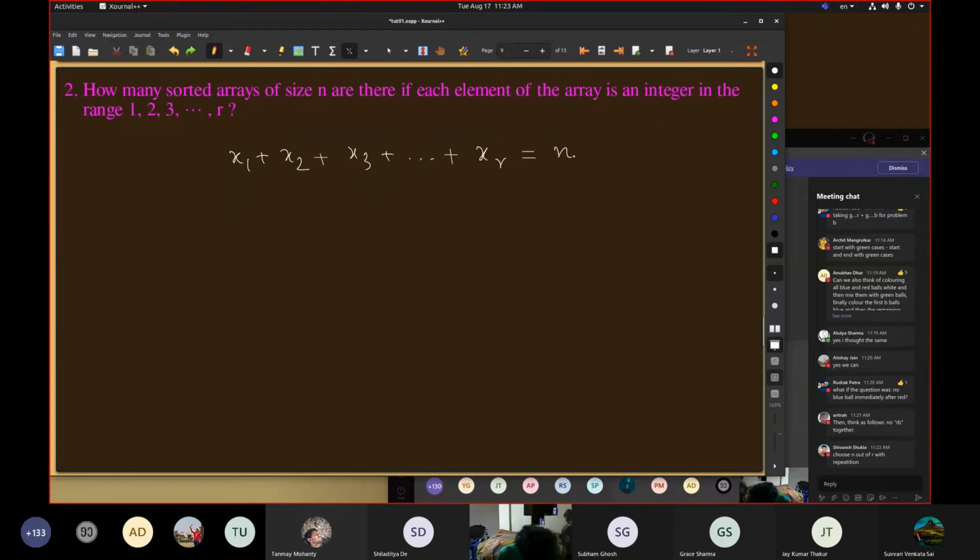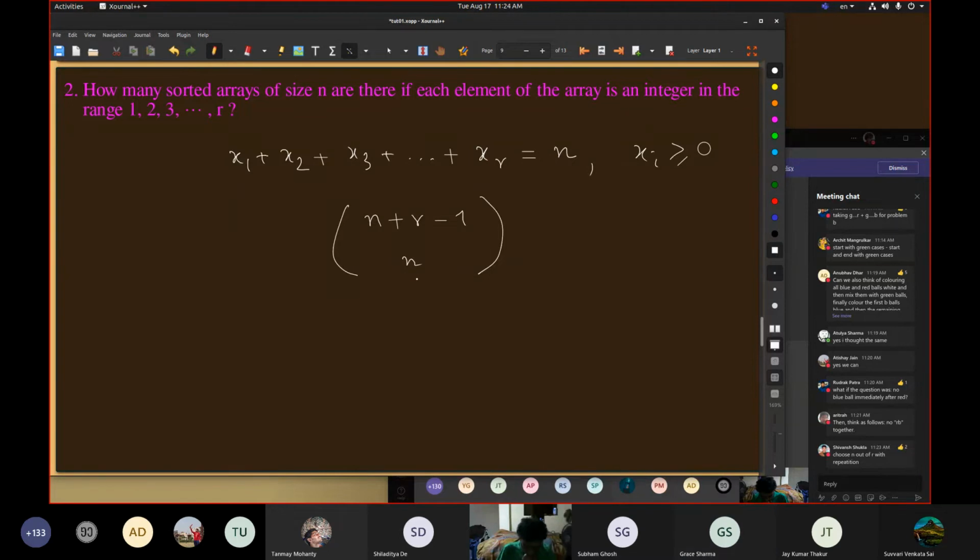The total number of numbers will be n, where each xi is greater than or equal to 0, a non-negative integer. So as many solutions are there for this, and that turns out to be how much? N plus r minus 1 choose n. That is fine, right?